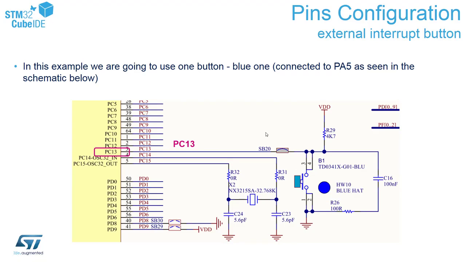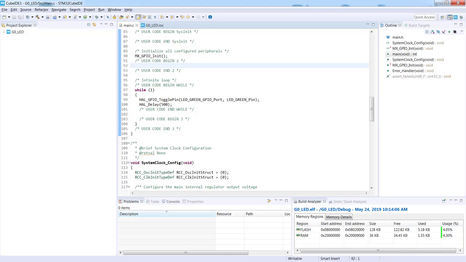Let's start STM32CubeIDE project. I will use the same workspace as the previously generated G0_LED to toggle LEDs. The first thing I would like to do is to close the current project. This is a very nice feature of Eclipse, because if I close it, all of the files related to this project will be closed as well.